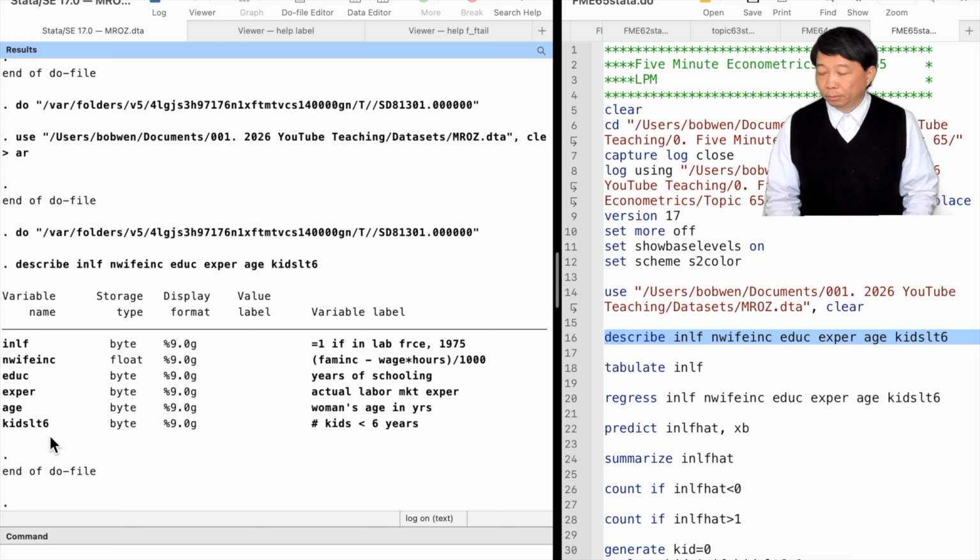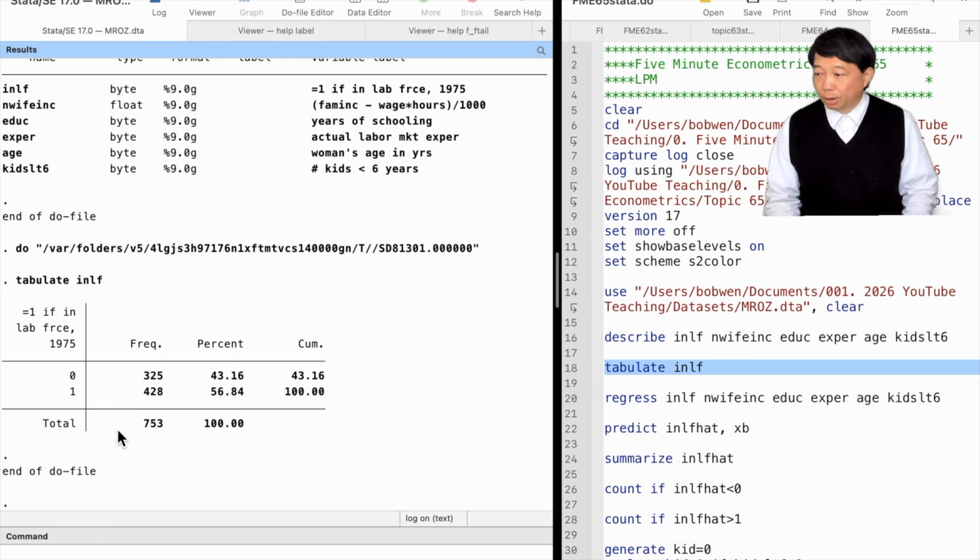It equals 1 if the married woman reports working for wages outside the home at some point during the year, and 0 otherwise. We use the tabulate command in Stata to obtain information about the dummy variable. Around 57% of the 753 married women in the sample were in the labor force.